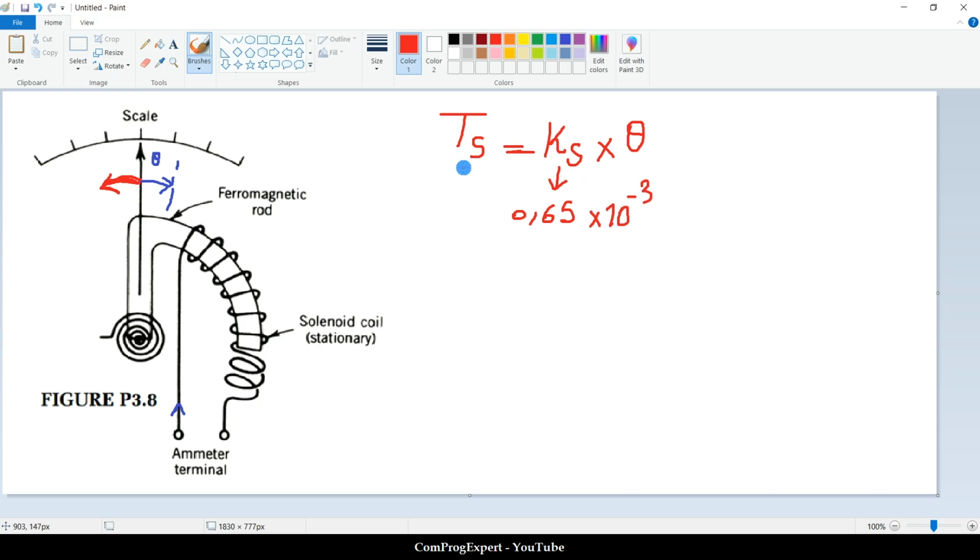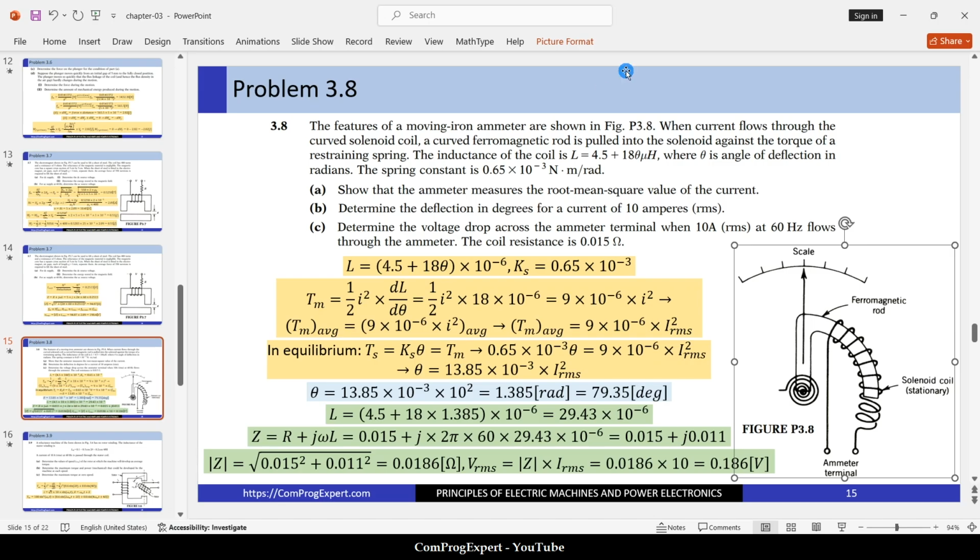This is the value of the spring torque, and the value of the coil inductance is given. We should calculate the magnetic torque, then we can do the calculations and calculate the value of theta as a function of the RMS value of the current.